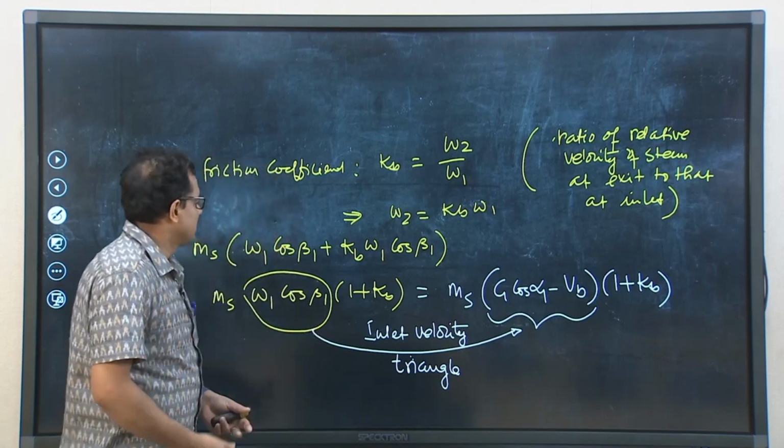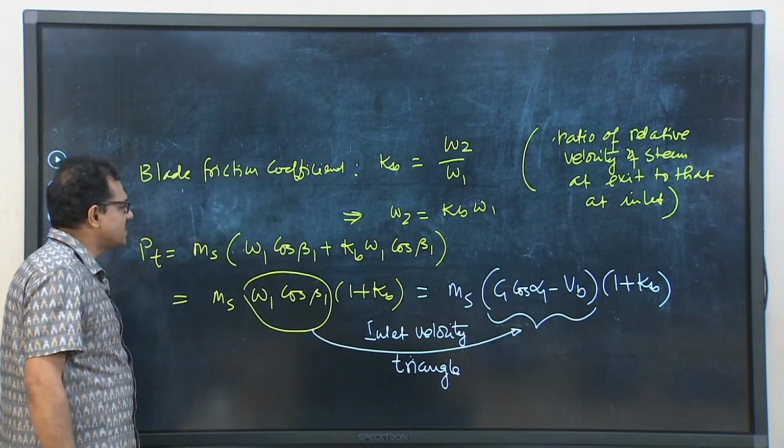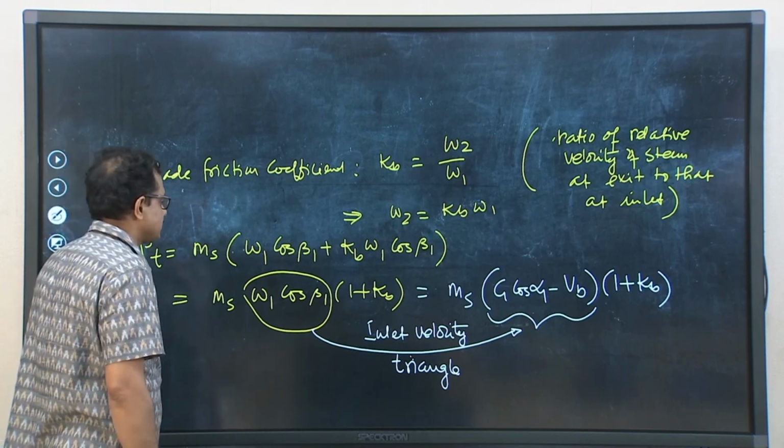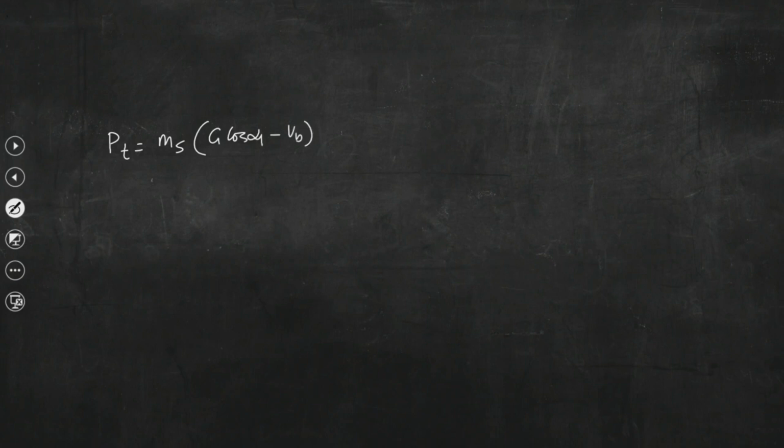So, going one step further, Pt equal to Ms into C1 cos alpha 1 minus Vb into 1 plus Kb. This is not axial, this is the tangential thrust.